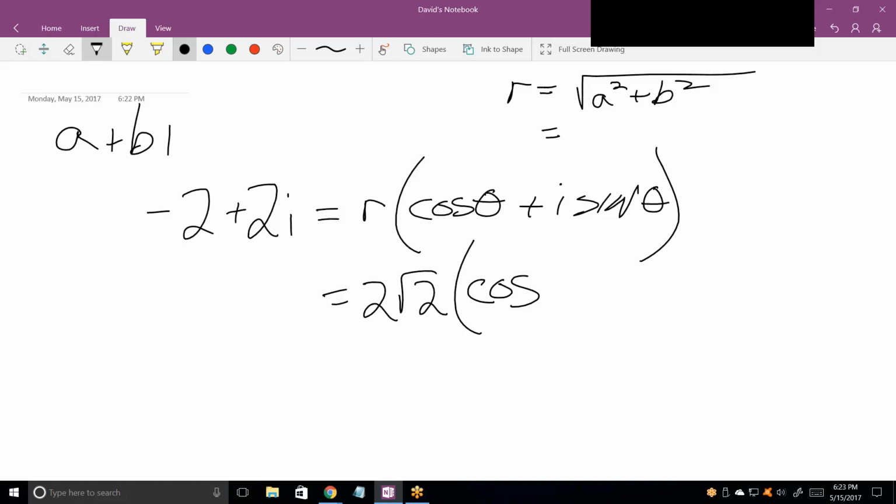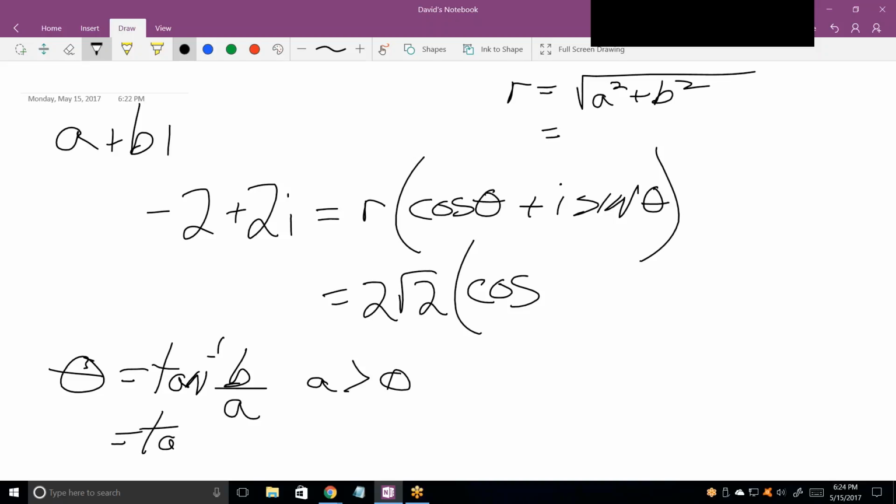And we need theta. Again, the definition for theta is exactly the same. Theta is the inverse tan, only instead of y over x, it's b over a if a is greater than 0, and it's the inverse tan of b over a plus pi if a is less than 0. And notice that there's very few places in math where you care about just the denominator.